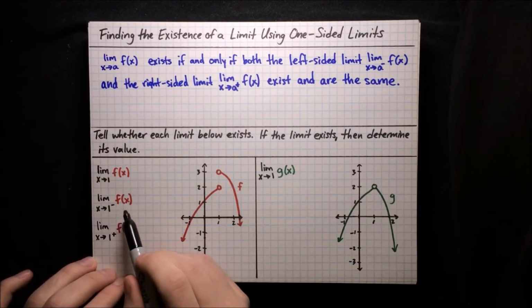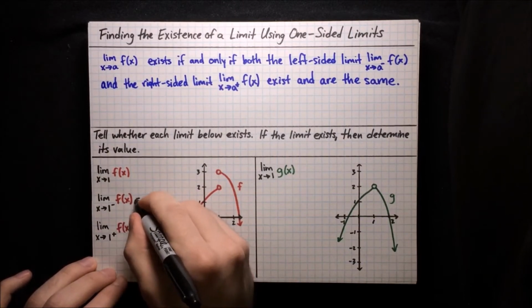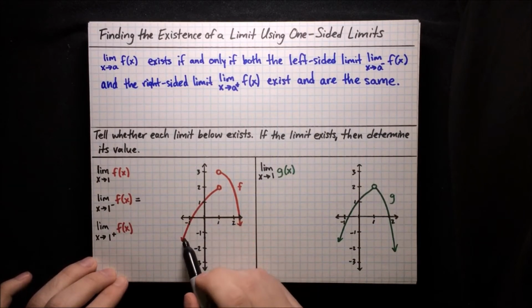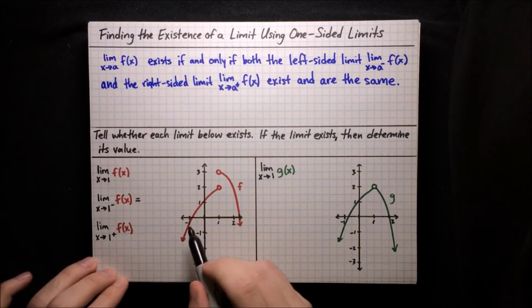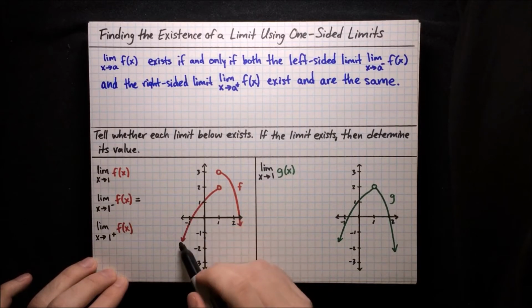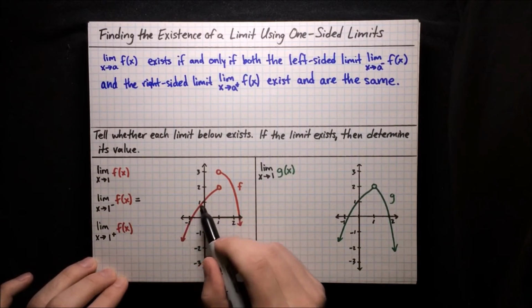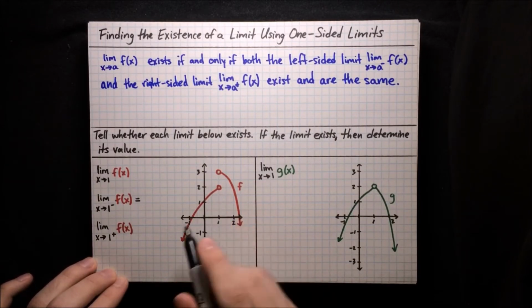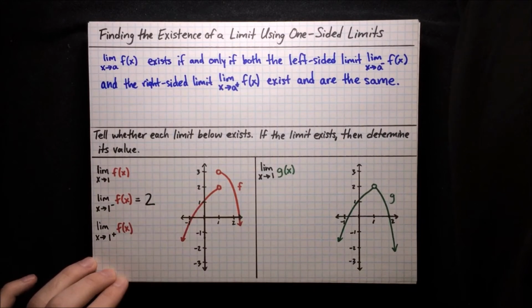First, the left-sided limit. We're approaching x equals 1 from the negative side in this graph, which corresponds to this branch over here, and as we approach x equals 1, the y value is approaching 2. So that is the limit from the left side.